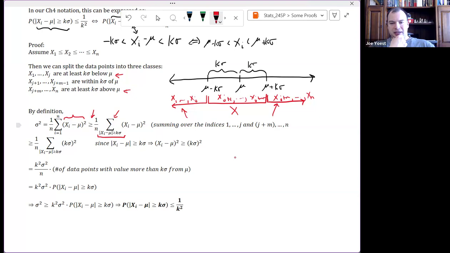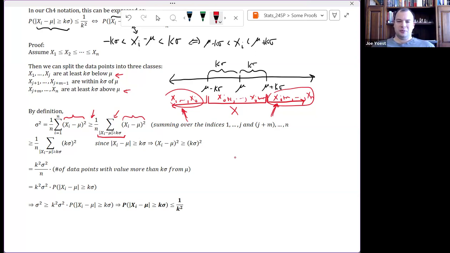However, I noticed that xi minus mu squared is the same as the absolute value of xi minus mu squared. If I look at these two classes here, the absolute value of xi minus mu is the distance away from the mean.